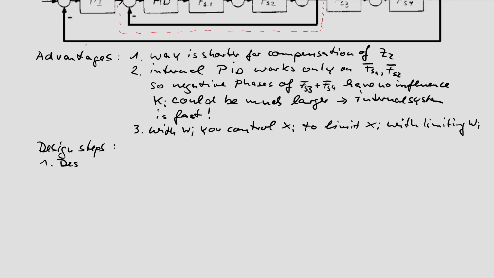First, design internal controller. We have learned several different design methods. In our lecture we have seen 3 methods. Simple design, like project 1.